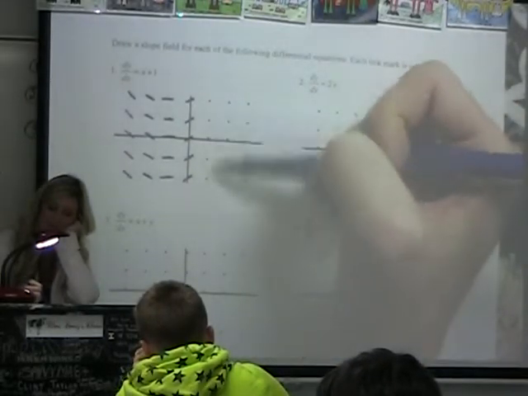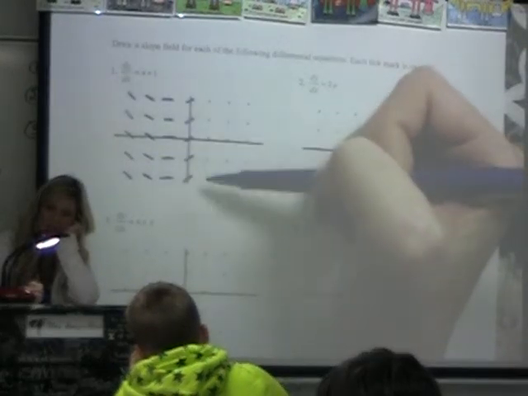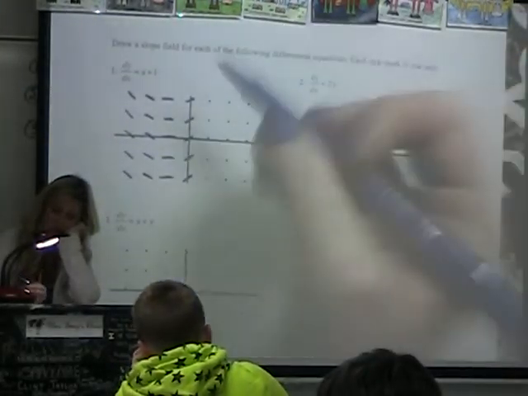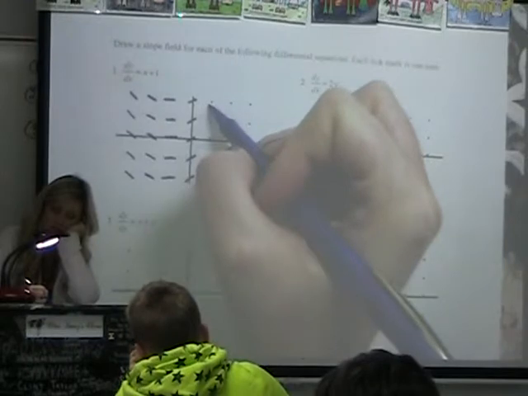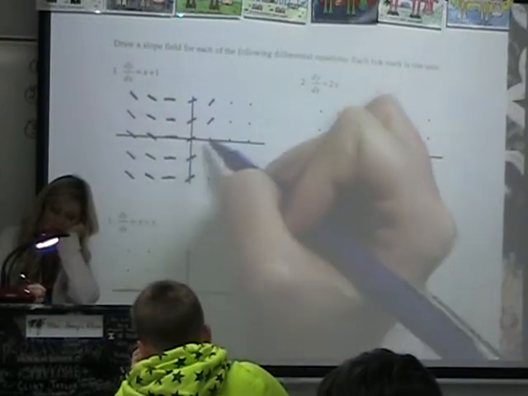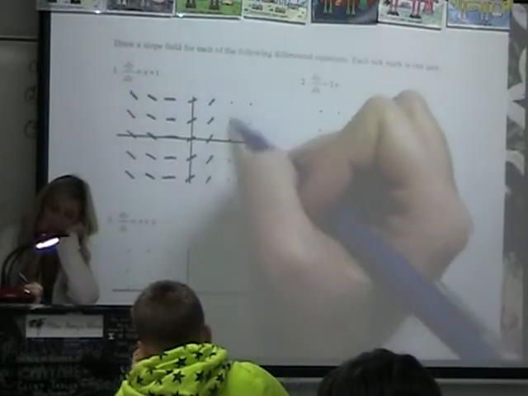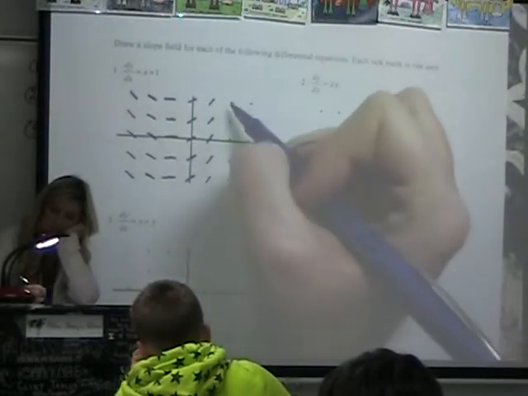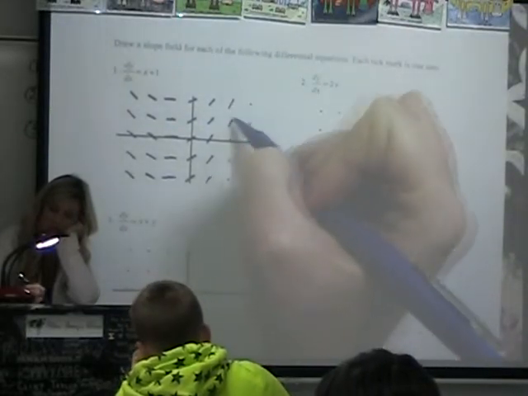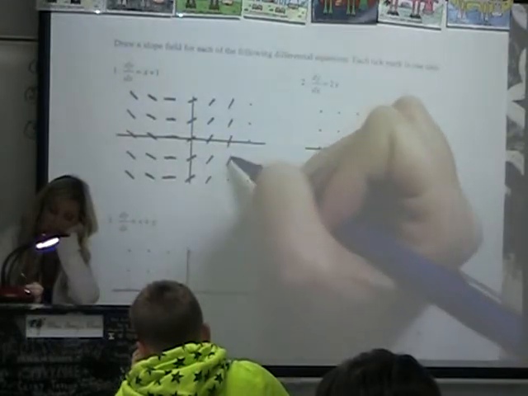What about when x equals 1? All of these points, x equal 1. 2, so you're going to make it a little bit steeper. Where x equals 2, a little bit steeper, but in the positive direction.